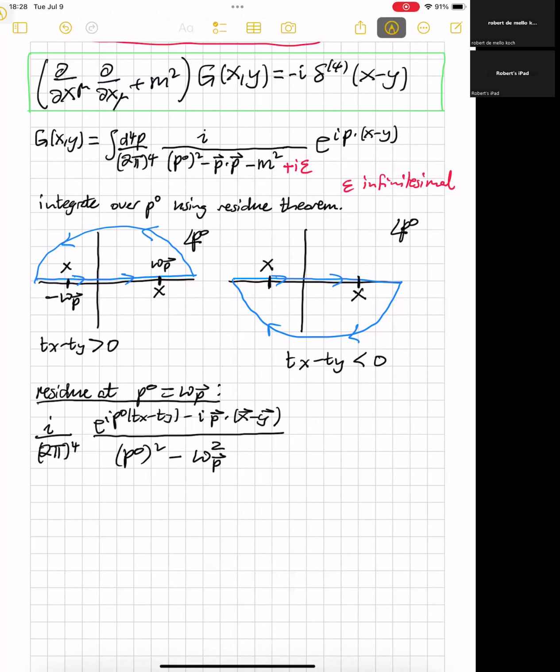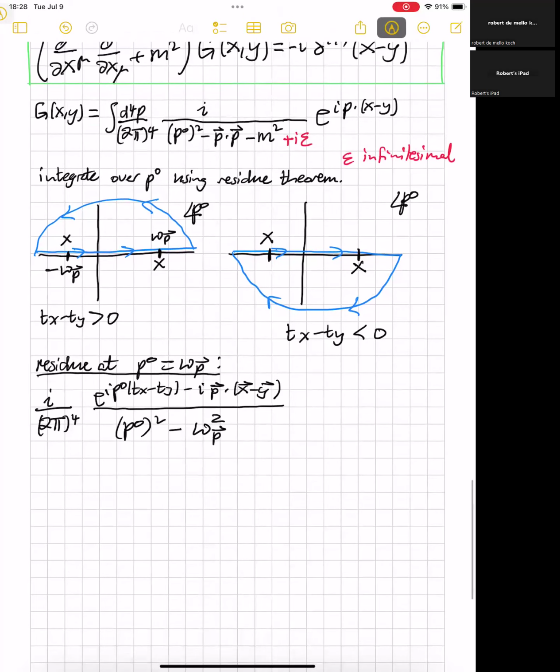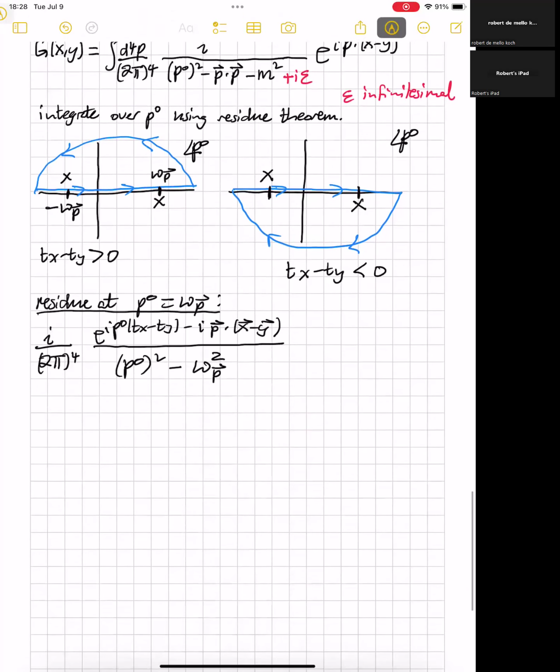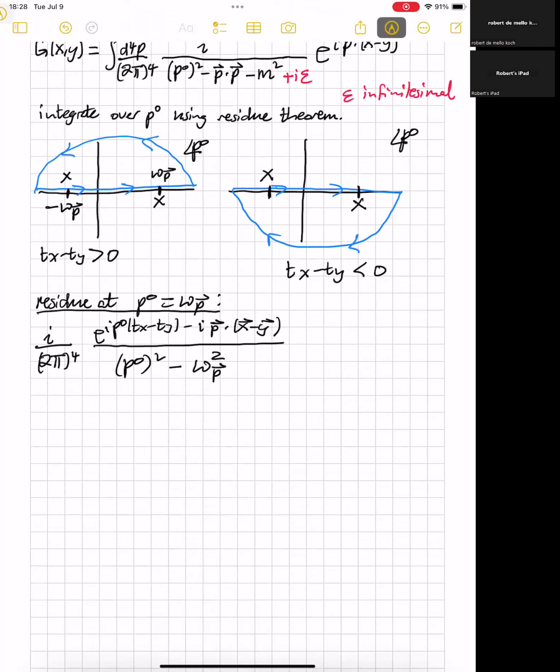Okay, so let's now start to expand this close to P naught is equal to omega P. Expand close to P naught equal to omega P. So I'm expanding in the variable P naught, and I'm close to the point where P naught is equal to omega P. So what is this equal to?